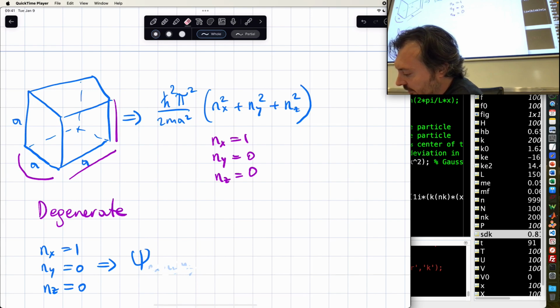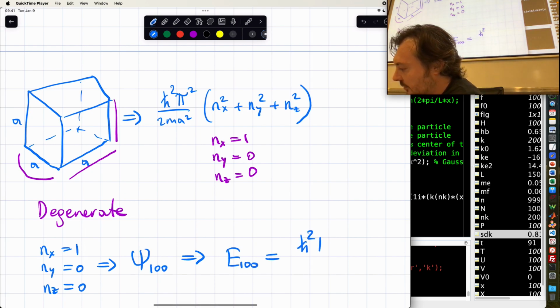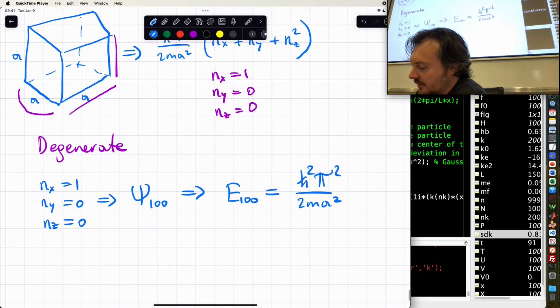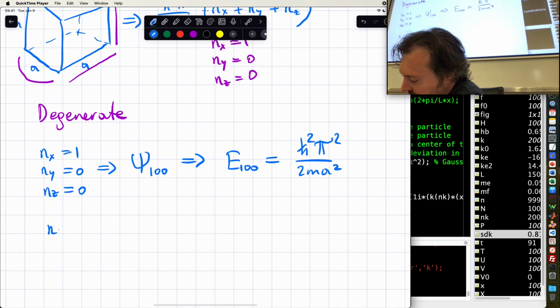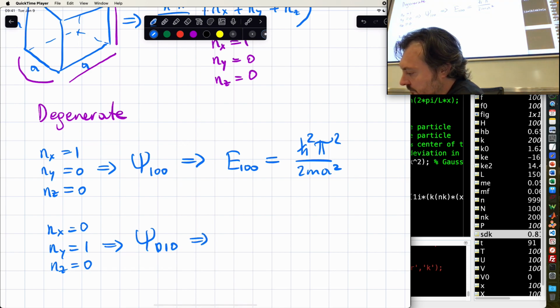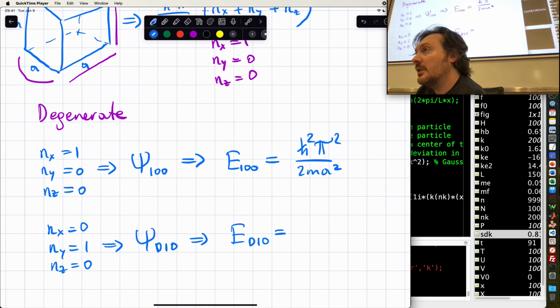Let's call it 1, 0, 0, which leads to energy E100, which is simply h bar squared pi squared over 2ma squared. But there is another wave function which corresponds to the same energy, right? It's 0, 1, 0, E010. And what is the energy of this one? Same.